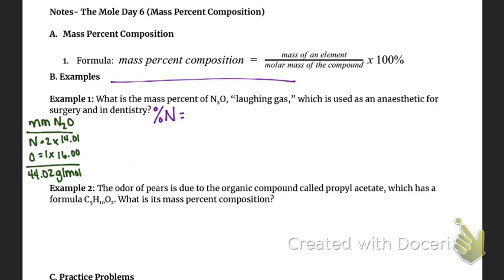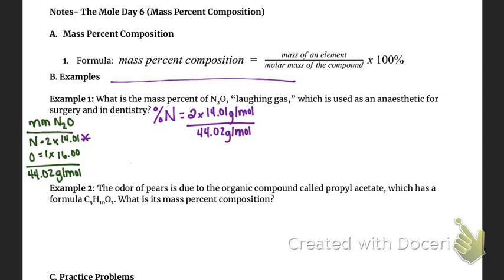What you need is the mass of the element, meaning the total mass of that specific element in the formula. The nice thing about doing your molar mass first is you already have that information. That's the numerator of my formula. So I take 2 times the molar mass of 14.01 grams per mole, over the total molar mass of the compound, which is 44.02 grams per mole.